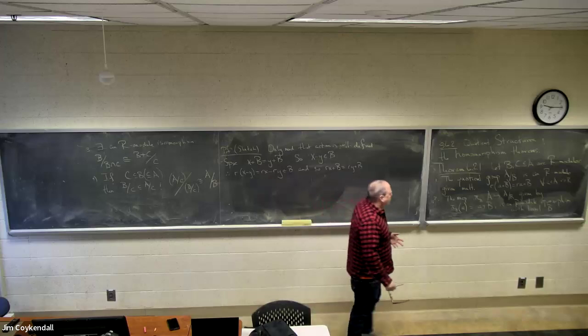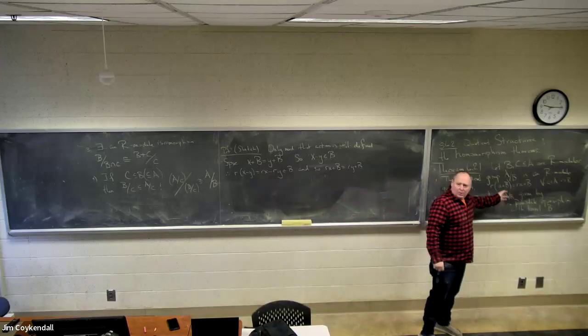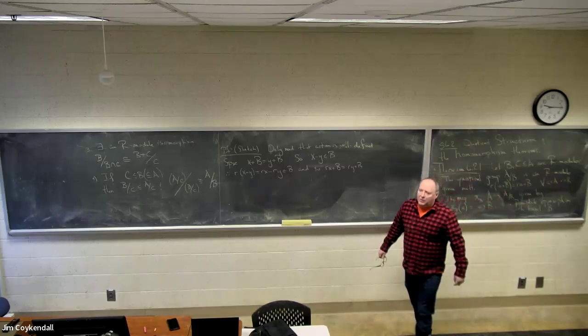And of course, to show it's an R module, you need to show that this works well with addition, right? You've got distribution and so forth. But that follows from the fact that A is already an R module.